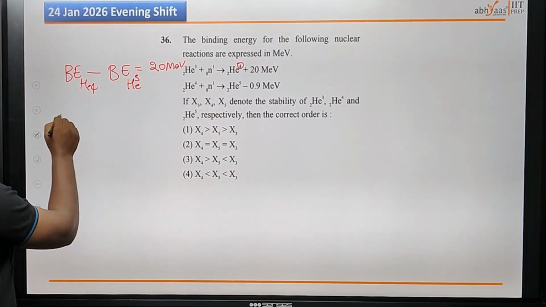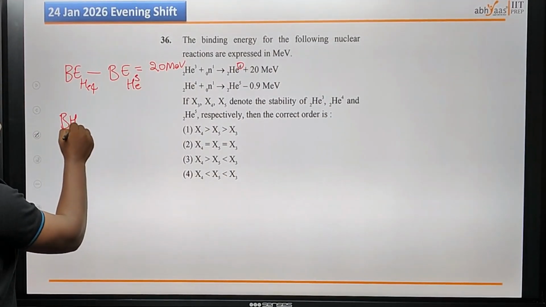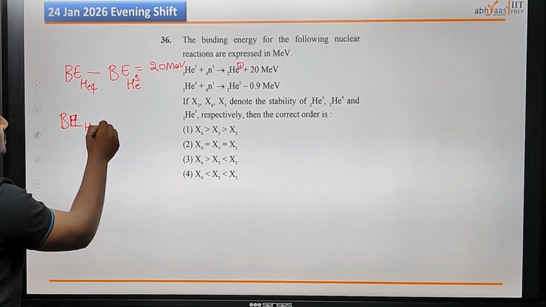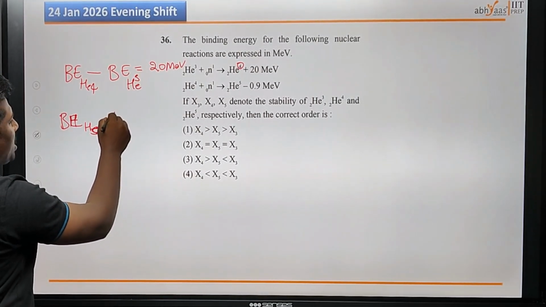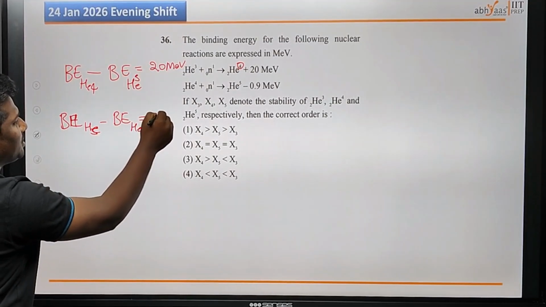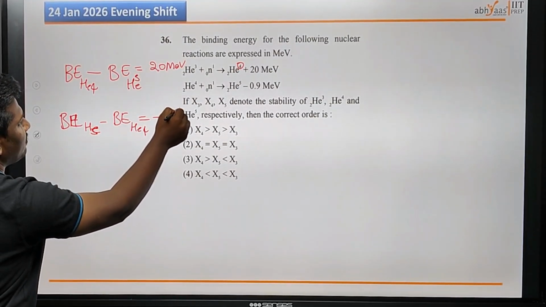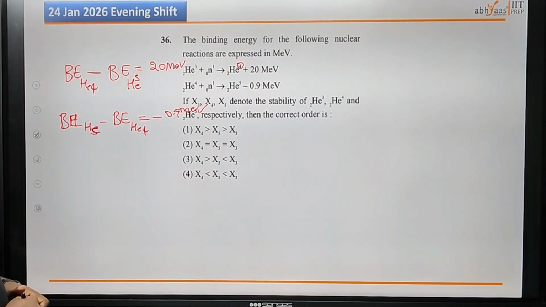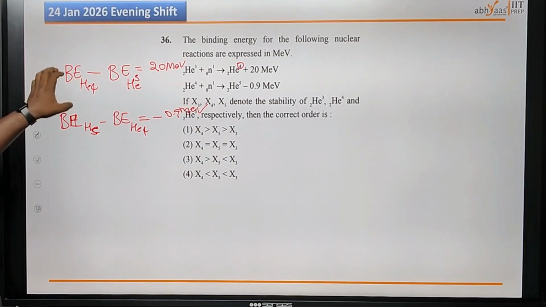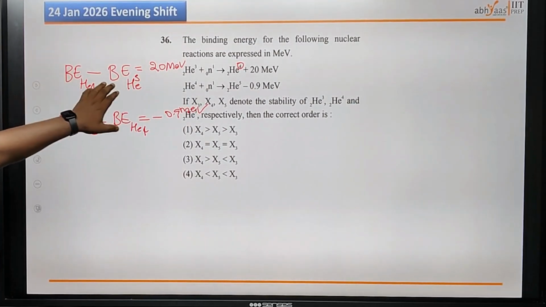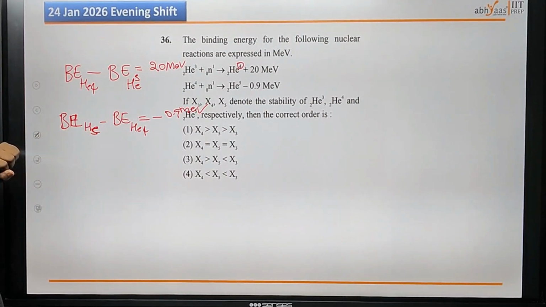Similarly, second reaction, the binding energy of He5 minus binding energy of He4 is nothing but minus 0.9 mega electron volts. If you observe these two equations, in the first case He4 is greater, that's why we are getting a positive sign.